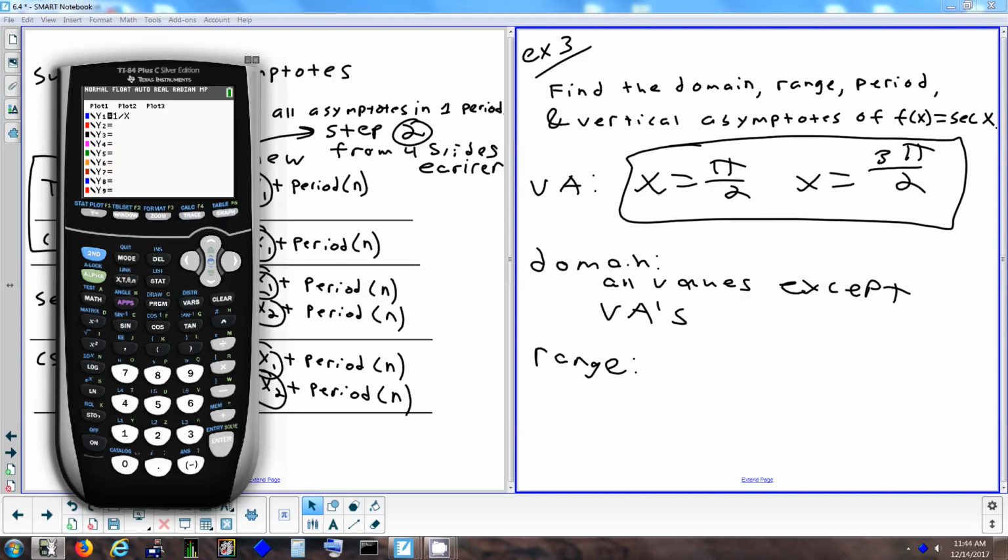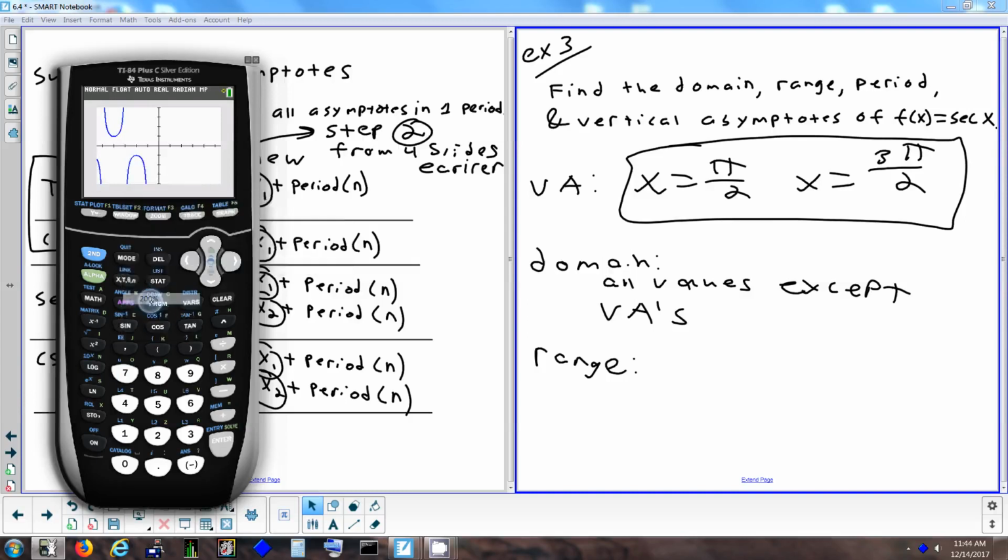So 1 over cosine. If we look at that graph, does it look like the graph goes down forever and up forever? Oh, yeah. I don't have a good picture of it, but yes, it will go down forever. If I zoom out, you'll see it better. It will go up forever.